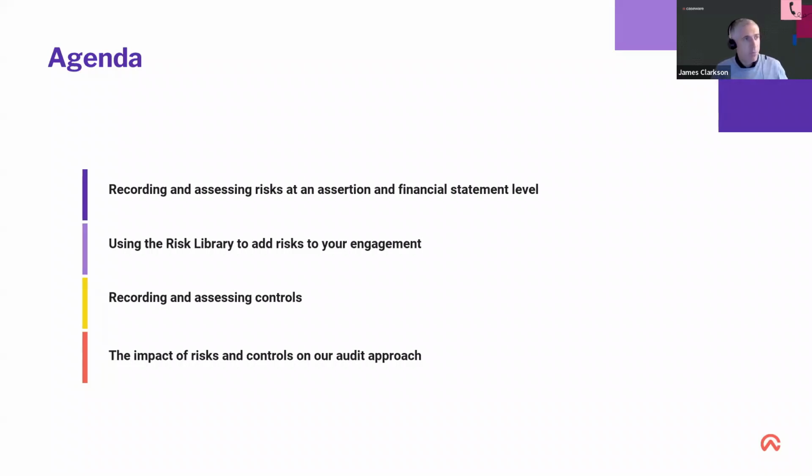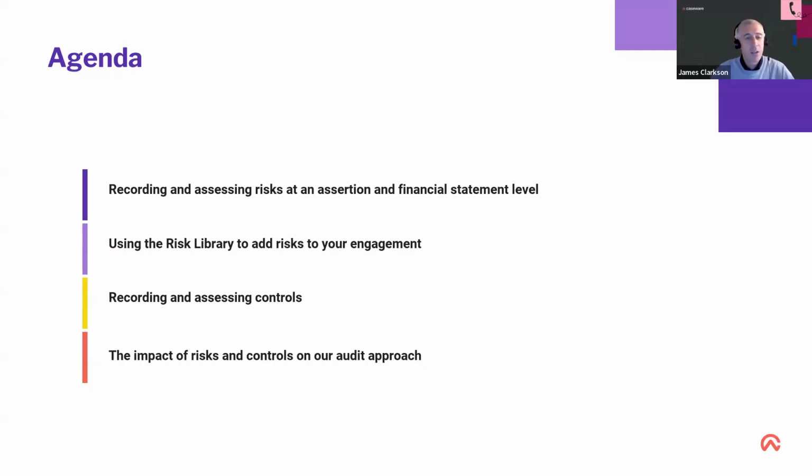We're then going to move away from risks a little bit and look at how we record and assess controls. A lot of the controls we'll be recording will be those that address the risks. But we'll all be placing different levels of emphasis on controls within our engagements. So for those who aren't placing so much emphasis, we want to make sure we're completing at least the fields that we need to complete the Mercia documentation.